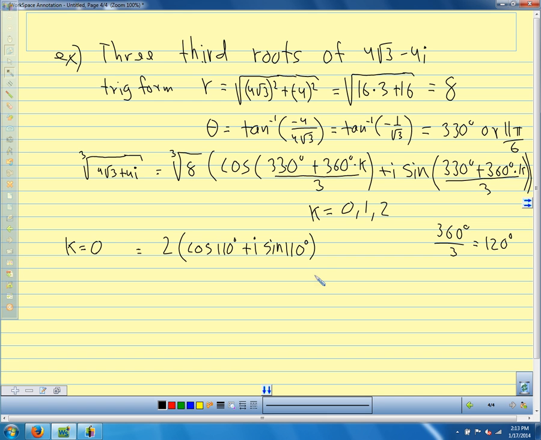So this doesn't give us nice unit circle angles, this particular problem. Our original angle is 330. When I calculate this out, I get approximately negative 0.684 plus 1.8794 i.